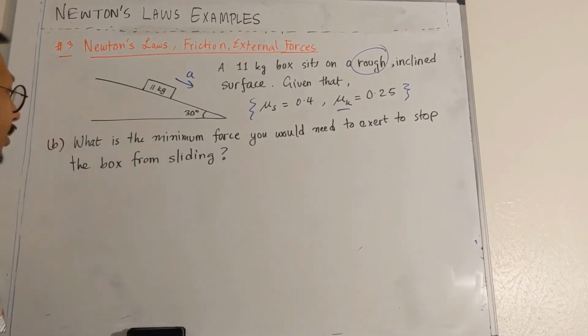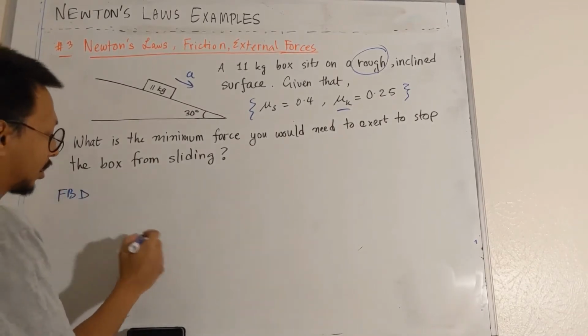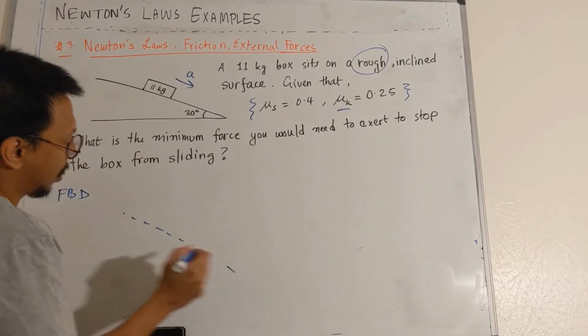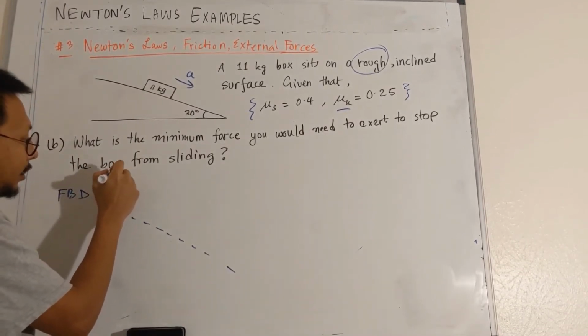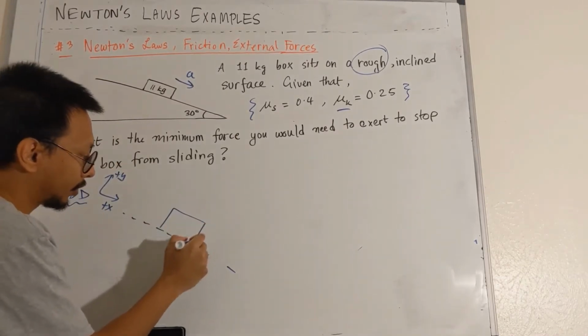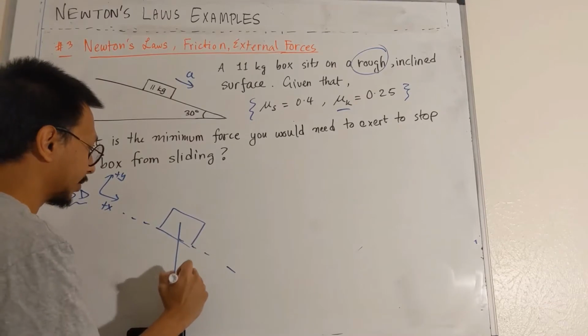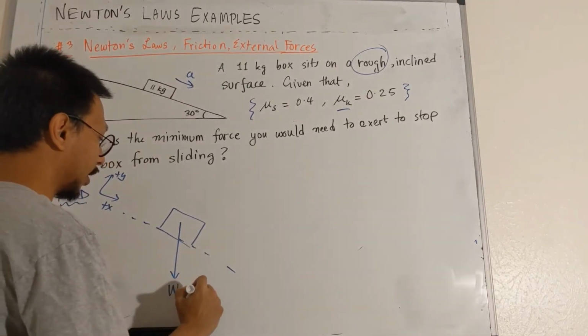Let's again start off with our free body diagram. Our chosen axis, let's say, is the same as before. This is the box. The weight is the same as before. W equals 11 times g.